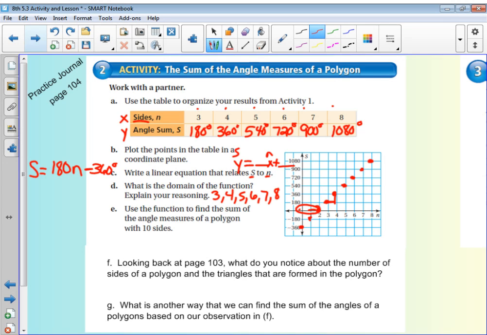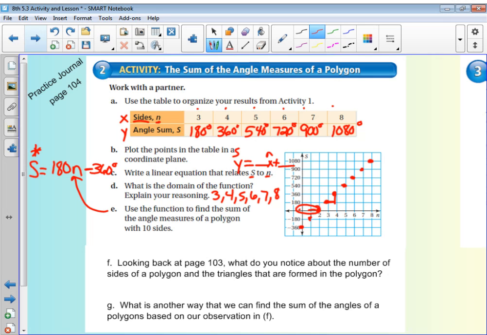Okay, it says use the function to find the sum of the angle measures of a polygon. So our function up here is just our s equation. So we're going to go ahead and substitute in 10 sides, which was our n, our number of sides. We're going to put a 10 where we have n here.